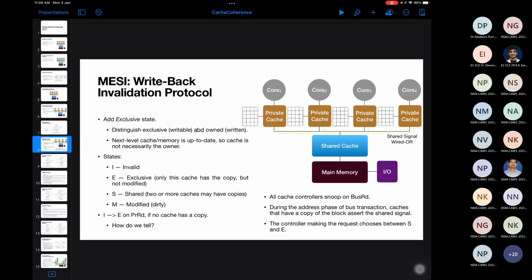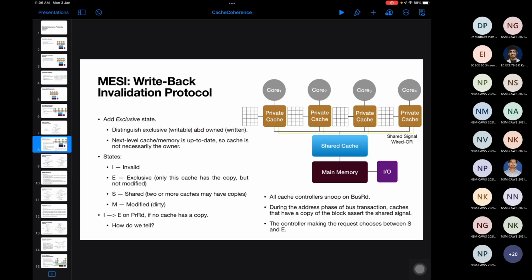So here we are adding an extra state to the MSI protocol: MSI plus the exclusive E state. This E state is going to differentiate between a block which is going to be writable versus a block which is written. If it is written, it is already in the modified state. Going to be writable indicates that it is an exclusive state.